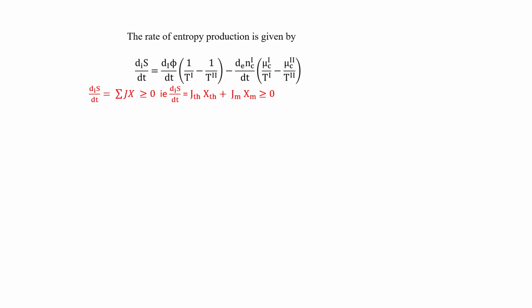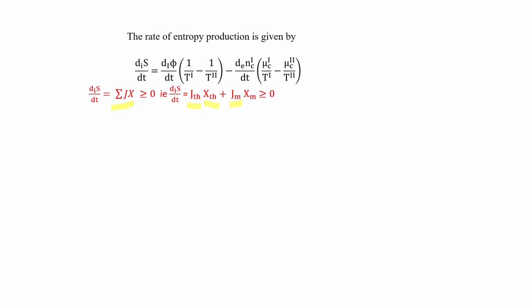So the summation of JX is greater than 0. Here there are two, J means the rate, we have to find the rate for two irreversible processes. One process is the rate of flow of heat, another process is the rate of flow of matter. For any flux, there should be a force.